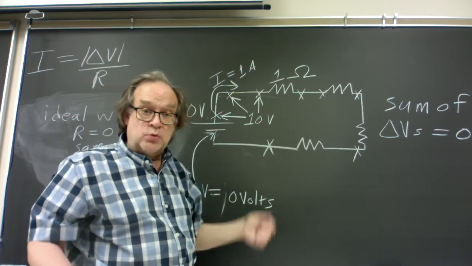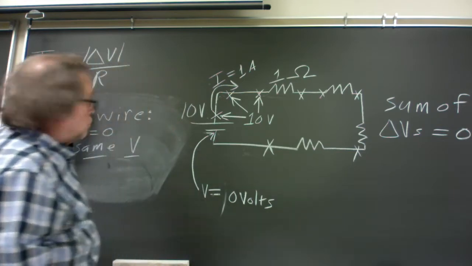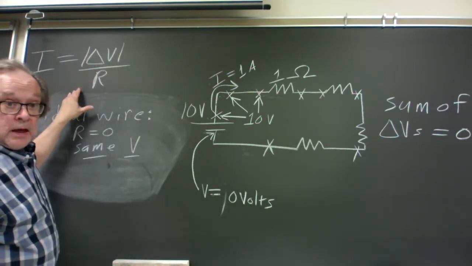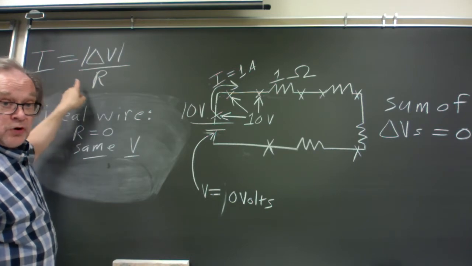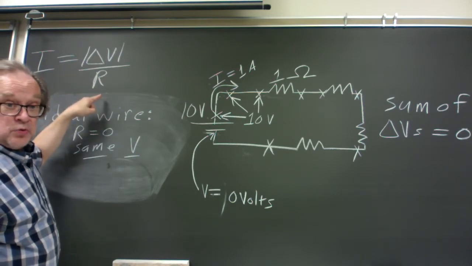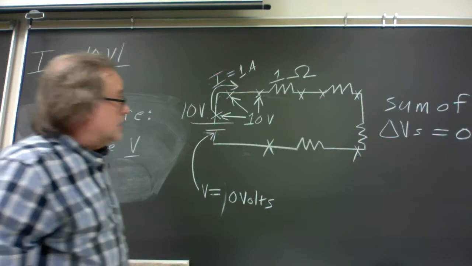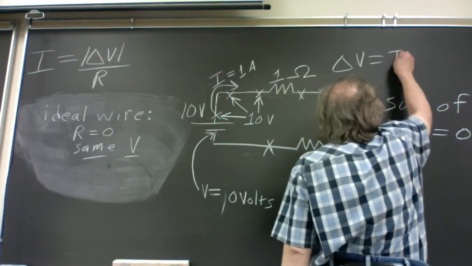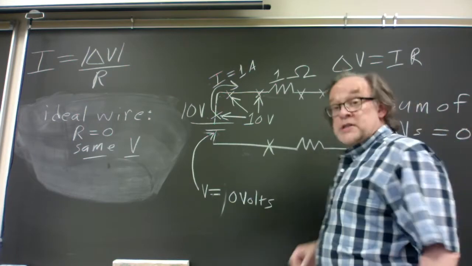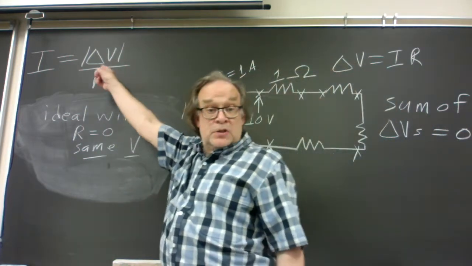Exactly how much less? Well, let's go back to the basic rule and figure out the potential difference when 1 amp of current passes through 1 ohm of resistance. That's not terribly complicated. Potential difference is just current times resistance. That's what this rule says.